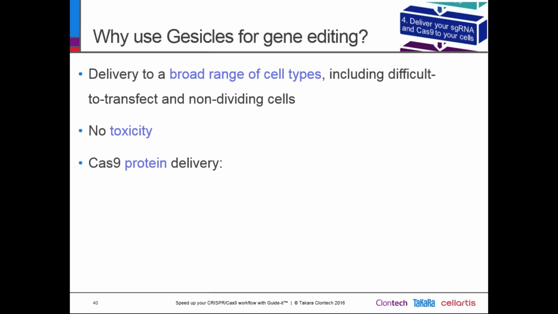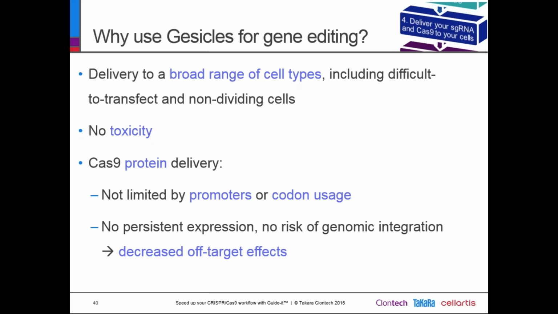And then the major benefit is that Gesicles can be used to deliver active Cas9 protein. So first of all, you are not limited by promoters or codon usage, and then you will avoid the persistent expression and the genomic integration of Cas9 into your target cells, and this really greatly decreases the off-target effects.